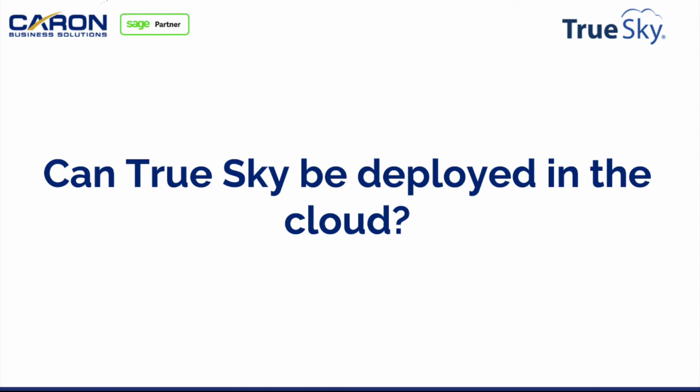We can tie into your data sources, whether they be on-premise or other cloud data sources. So if, let's say, you've got Sage 300, but it's on-premise or whatever, we can still tie into that data. We have ways to do that. But then you can have TrueSky in the cloud. And that way, as long as your people can make an internet connection, they can access, whether it be reports or doing budgeting and forecasting with TrueSky. So we definitely support that concept. And again, it's one of our standard offerings.